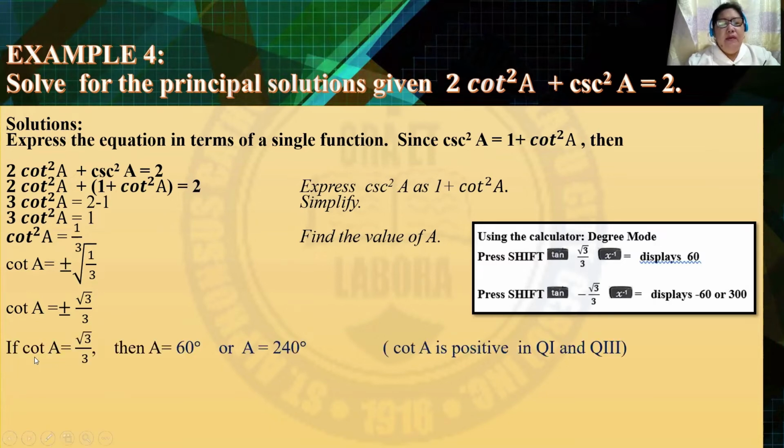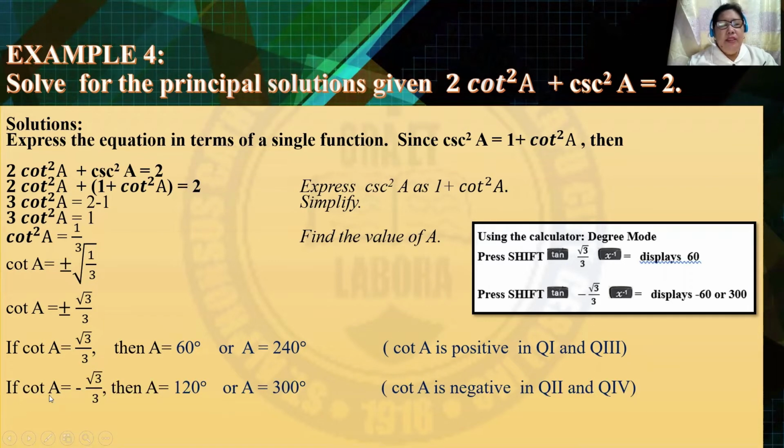So here, for a positive square root of 3 over 3, A is 60, or you can have also 240, because cotangent A is positive in quadrant 1 and in quadrant 3 with this value.